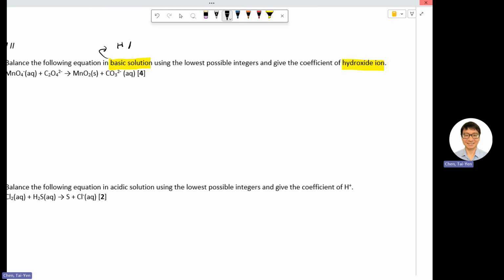If you want to compensate for the missing H, you use H2O. If you want to compensate for the missing O, you use 2OH-. That's the first thing we should know. Second, the question is asking for the coefficient in front of the hydroxide ion, so we want to identify the coefficient in front of OH-.